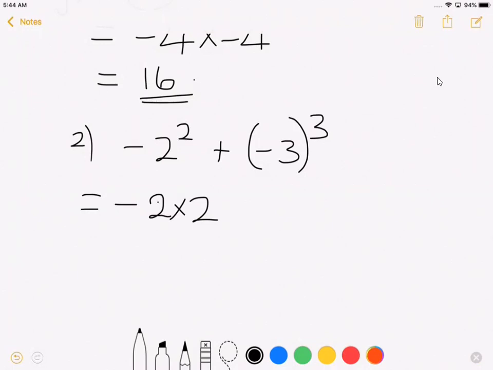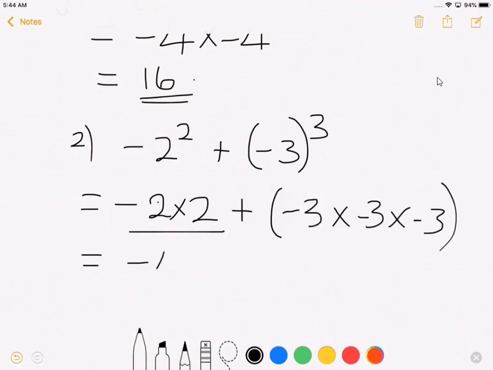Plus, what is minus 3 to the power of 3? It means minus 3 times minus 3 times minus 3, because it is what is inside the bracket. So this gives me minus 4 plus minus 3 times minus 3 times minus 3, which gives you minus 27.